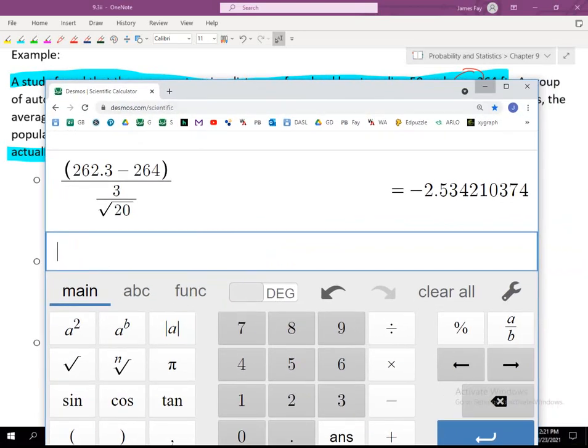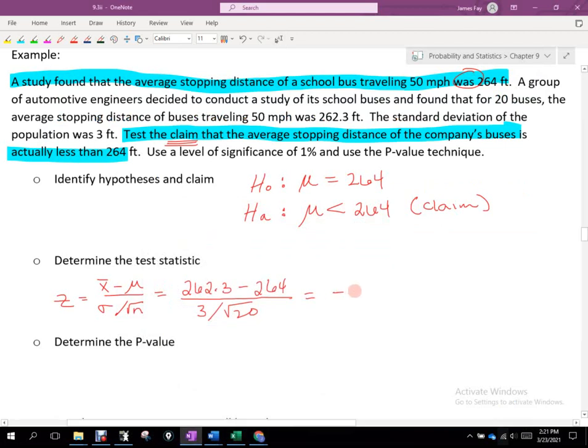Negative 2.53. Is everybody okay with that? All right.